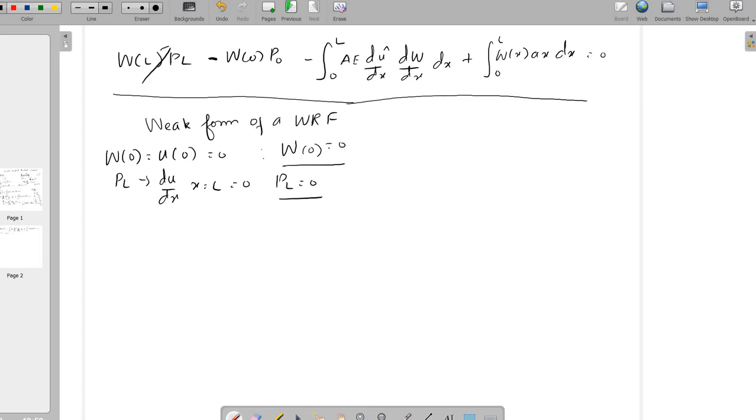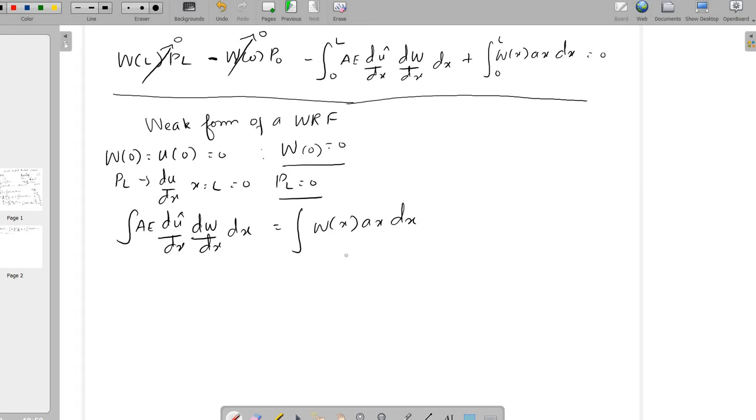So we can neglect these two terms, and bringing the remaining component to the right side of the equation, I can simplify it as the integral of AE du by dx dw by dx dx, which is equal to the integral of w of x, a x dx.